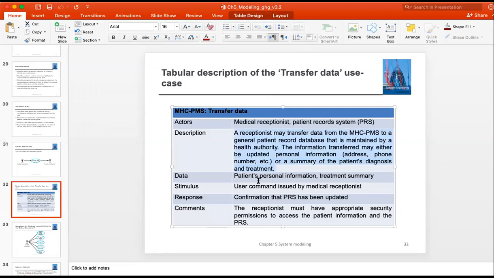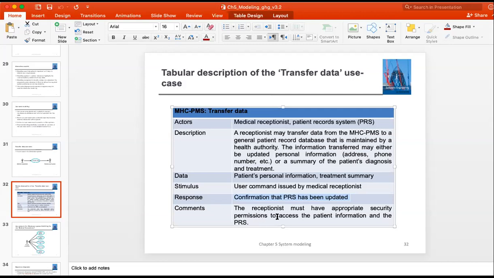You can split them into input and output, and then there's the stimulus, i.e., how the particular use case is being triggered, and then the response of the system, what the system would do as a result of the stimulus and being provided with the correct data, and maybe other comments describing things like preconditions or postconditions.